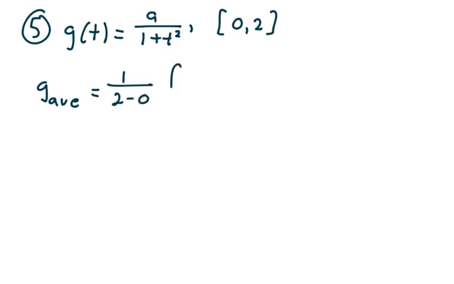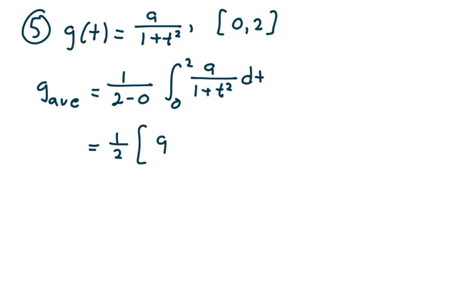Half times the integral from 0 to 2 of 9 over 1 plus t squared dt. But this is 1/2 times 9 arctangent of t, evaluated from 0 to 2.